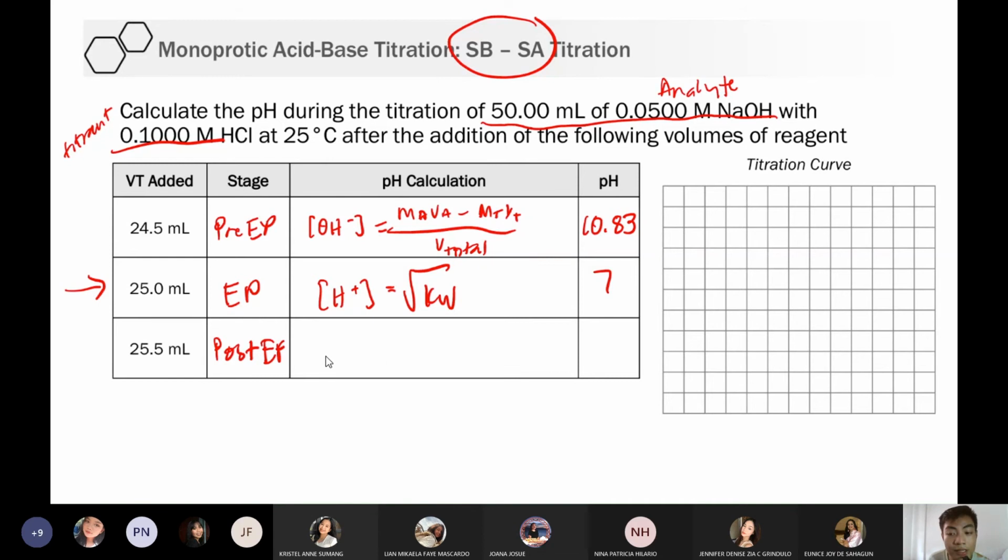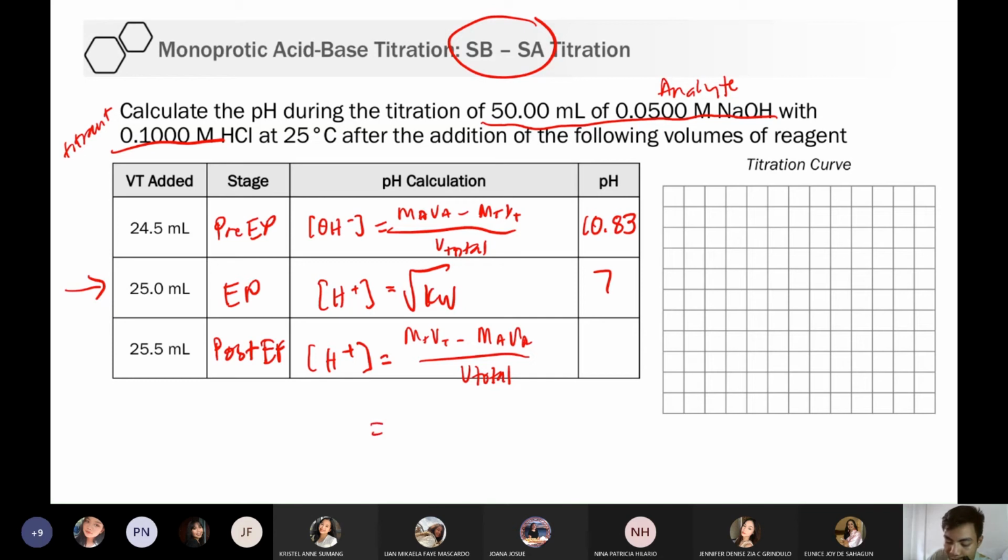Post-equivalence. How about this one? There is an excess acid. Okay. Sobra na tayo ng acid, kasi acid yung titrant natin. Lampas na tayo sa equivalence. To solve for the excess acid, that is the mole acid, MTVT, minus the mole base, MAVA, divided by the volume total. Okay. Plug in.